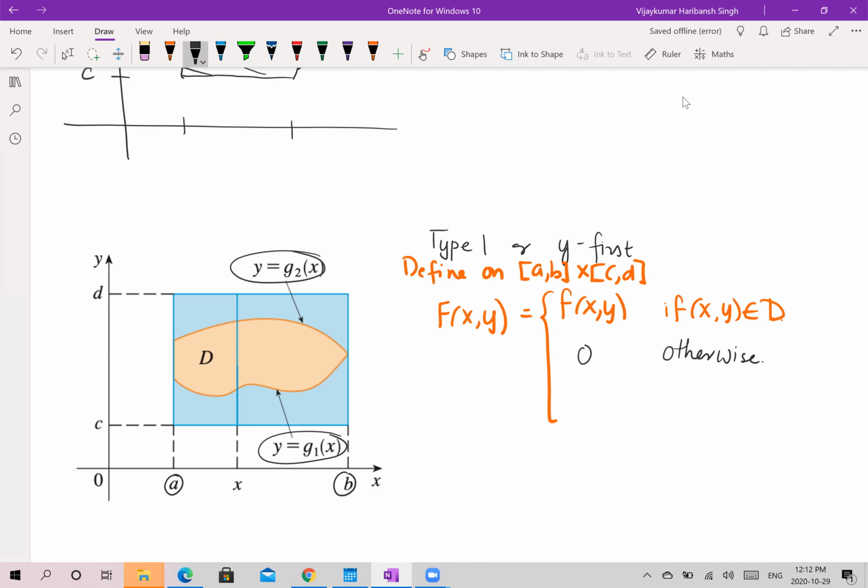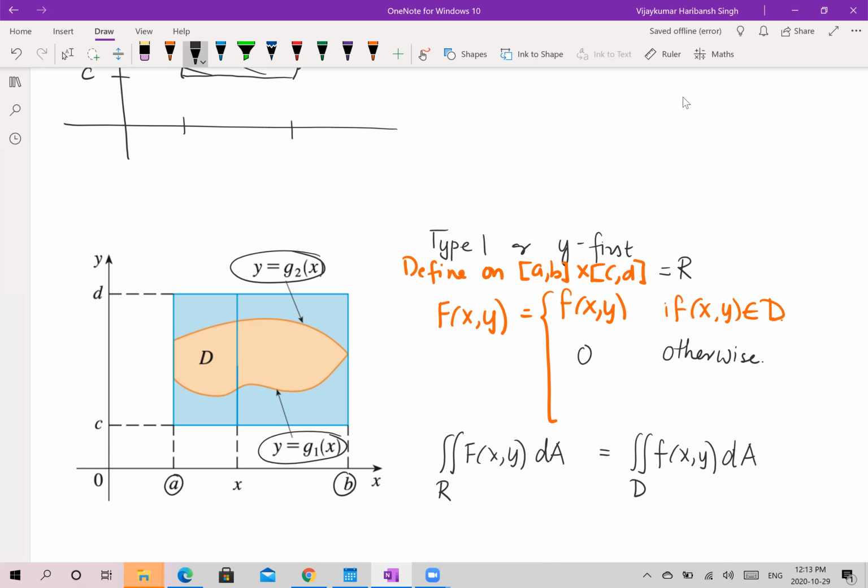So now this function is continuous almost everywhere except the boundary of region D, possibly. What we do is we can now use the idea of integral over a rectangle. Let's call this rectangle R. So the integral over rectangle R of f of xy dA is the same as the integral of f of xy dA over region D. Now, why is that?